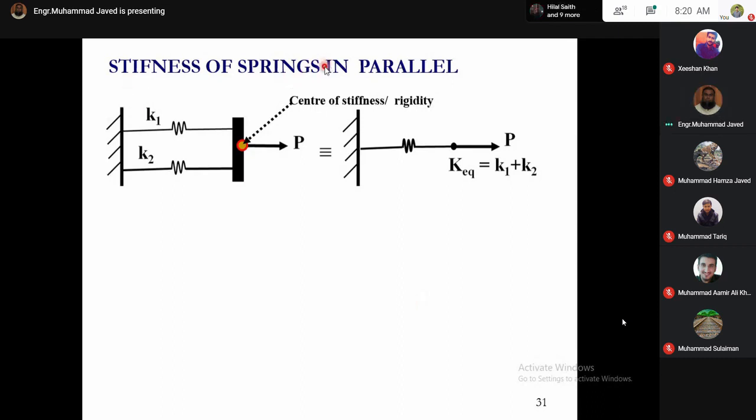Number one, when they are connected in parallel. When two springs are connected in such a way that we apply an external force P, and that force is distributed among both the springs, such an arrangement is known as springs connected in parallel.